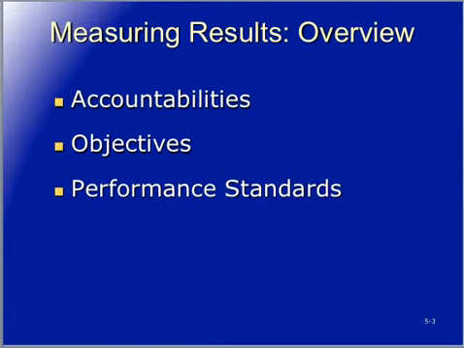All right, measuring results. We're going to have to look at accountabilities, objectives, and performance standards. So accountabilities are broad areas of a job for which an employee is responsible for producing results. As the name would suggest, these are what the employee is held accountable for within his or her role inside an organization. Then we have objectives. These are statements of important and measurable outcomes.